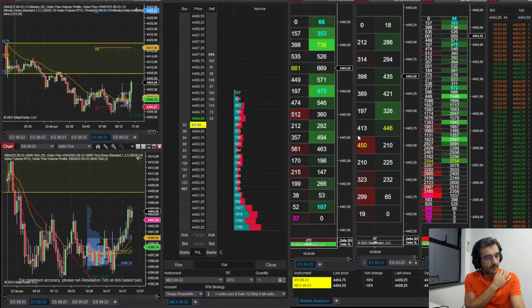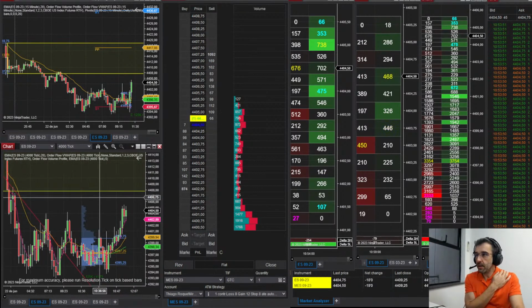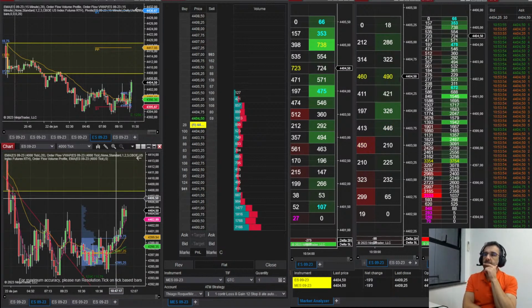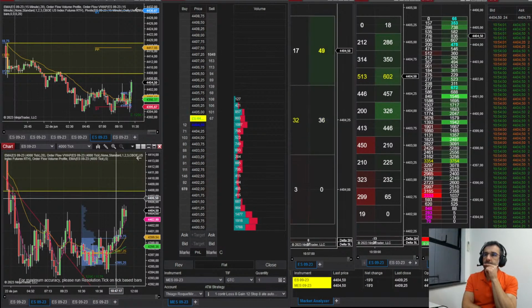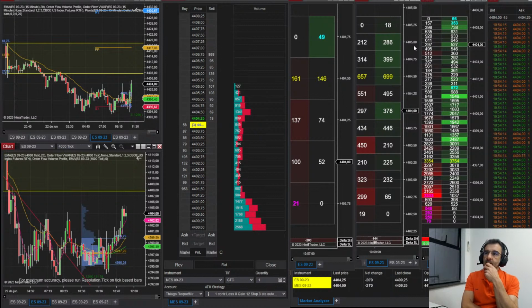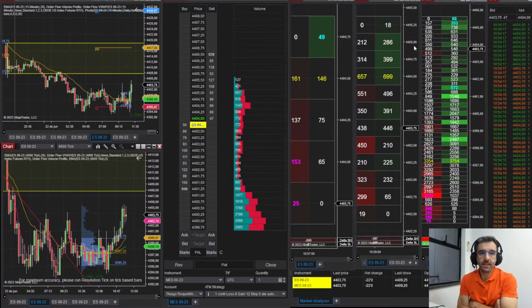Remembering that we have the value area low here at the 775. And at the same time, in the case of overcoming the 5, we would have the 7, which is pretty close, could be a reference, and also the 11, 13.